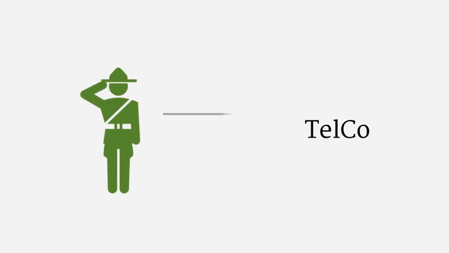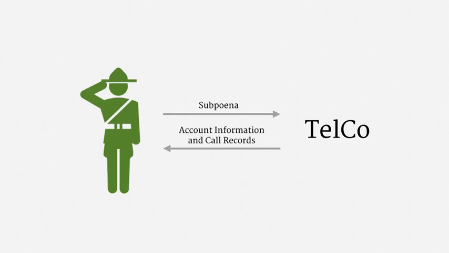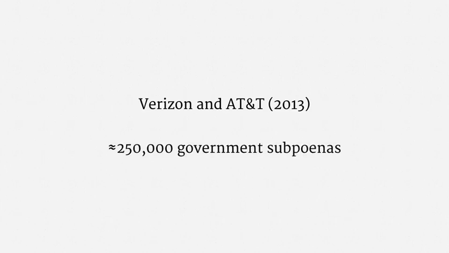Law enforcement serves a telephone company with a subpoena, and the telephone company sends back account information and call records. As a rough benchmark, Verizon and AT&T in 2013 received about 250,000 government subpoenas. The provider subpoena is unambiguously the most popular surveillance technique.